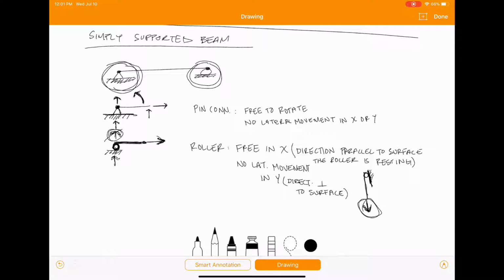And then also, similarly to the pin connection, if we applied a force out here, this beam is going to be free to rotate. So free to rotate.